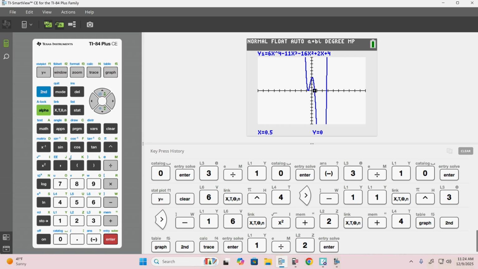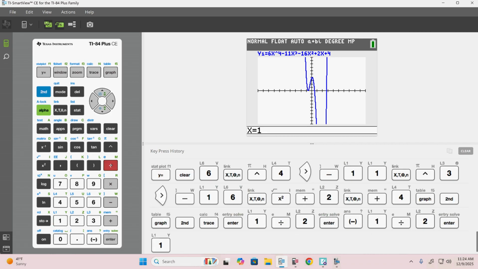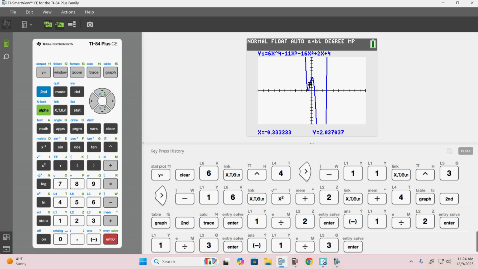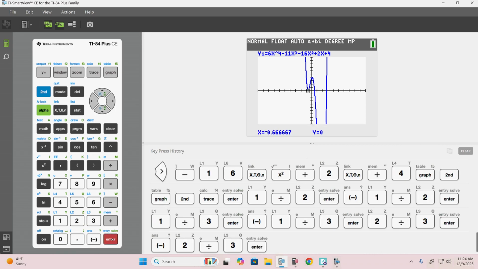And because it crosses the graph, we know it's going to show up an odd number of times if it is a solution repeated. The next we can go is negative 1/2. It does not give me a y value of 0. So I'll move on to positive 1/3. Negative 1/3. Positive 2/3. Negative 2/3.